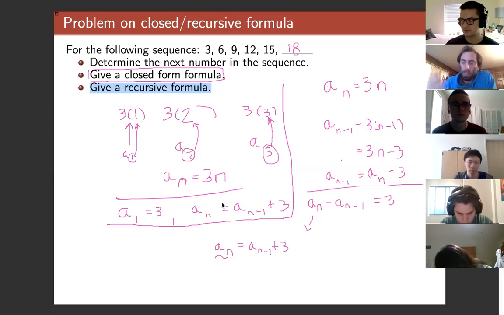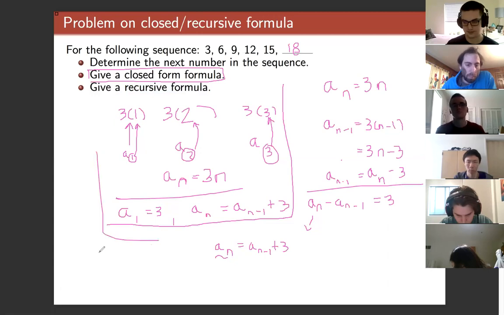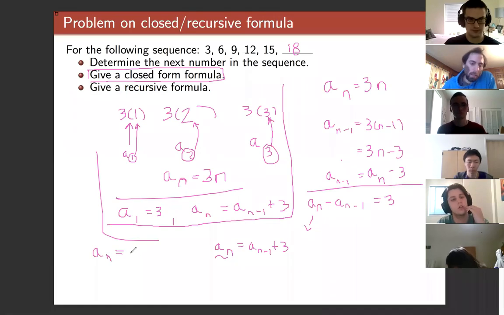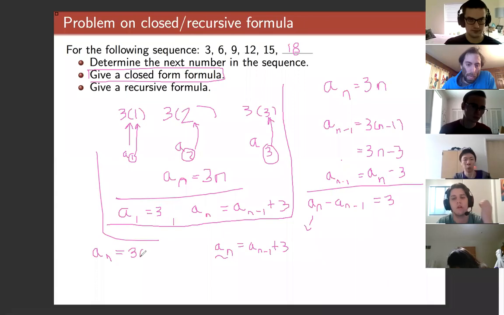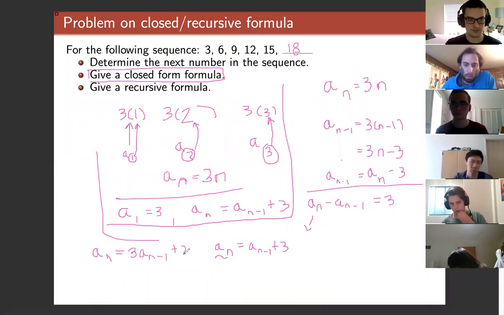But sometimes it'll be some strange multiplicative relationship. So you might have something that looks more like an is 3an minus 1, something like that, plus 2. So there, you might not be able to get a clean looking difference between an and an minus 1.